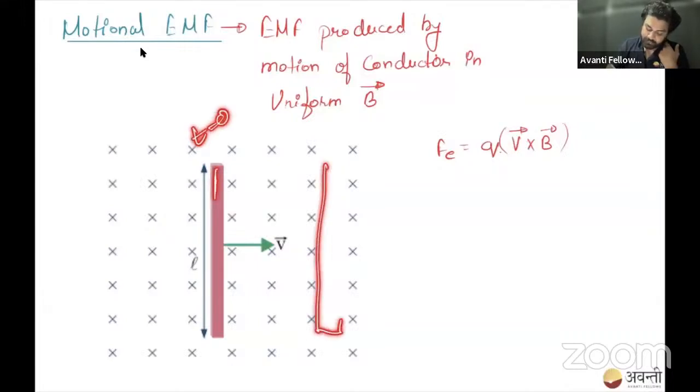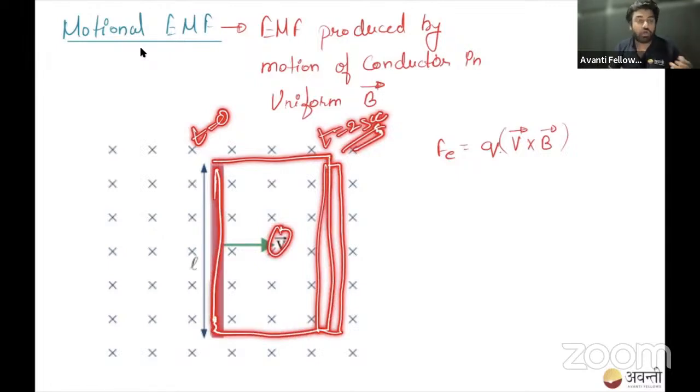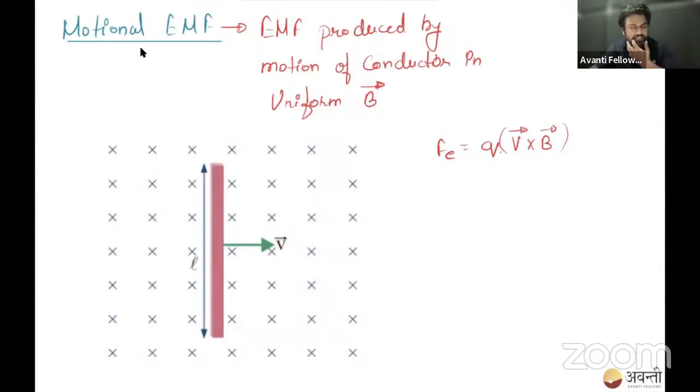After some time, say t equal to 2 seconds, this rod came here because it is moving with some velocity v. So it has covered this much area and felt a lot of change in the magnetic field. In this case also there will be flux change and something will happen in the rod. Let's see what that something is.